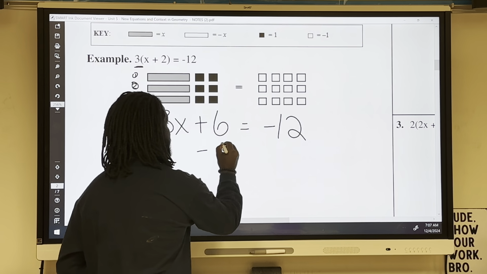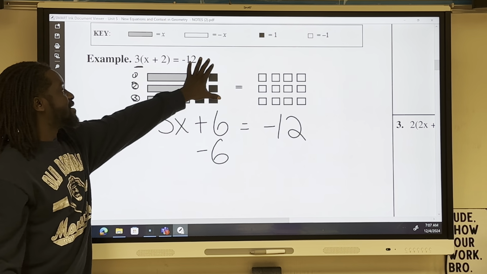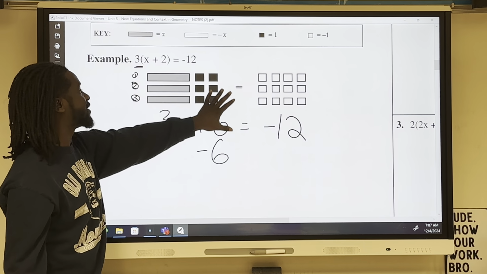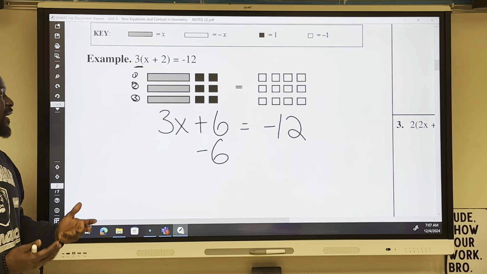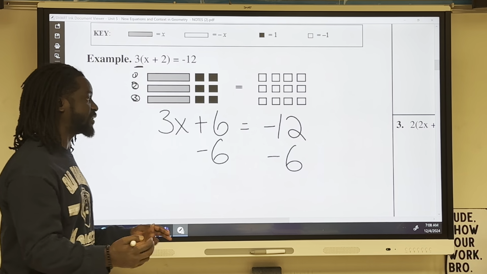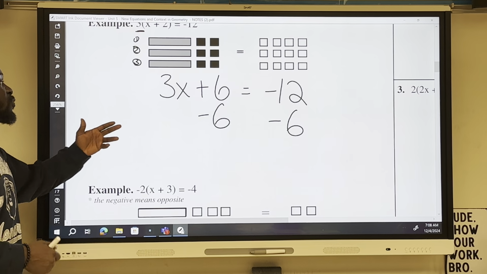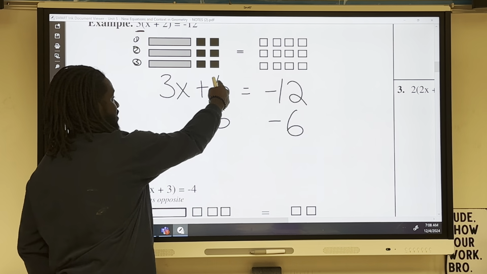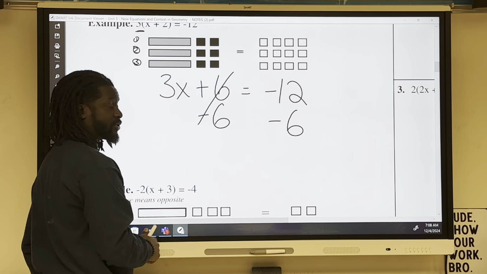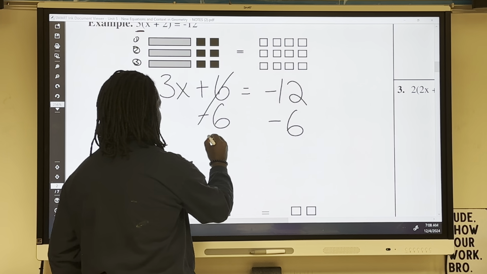So I add negative 6 squares here, and that's going to form zero pairs and get rid of those. Well, if I do it to one side, I also have to do it to the other side because it is an equation. When I do that, the positive and negative 6's cancel each other out and give me 0, so I get rid of them.